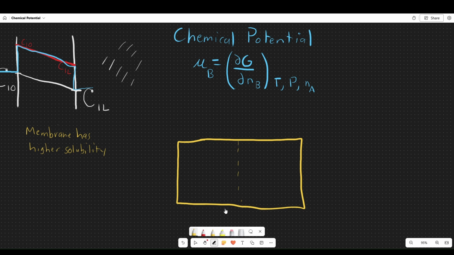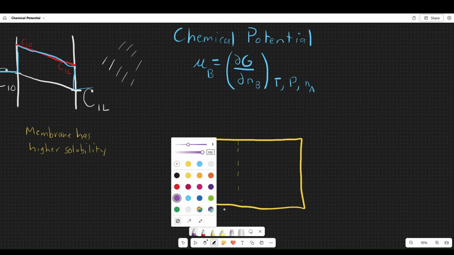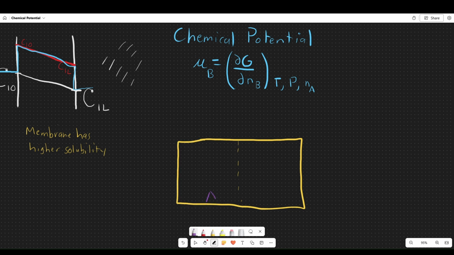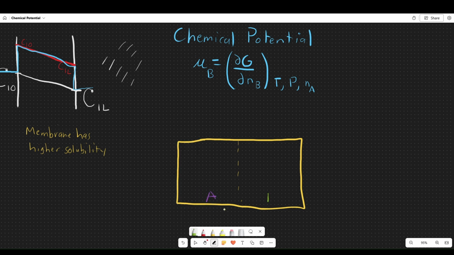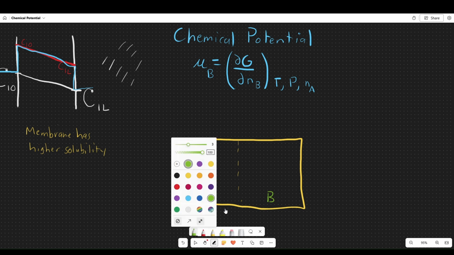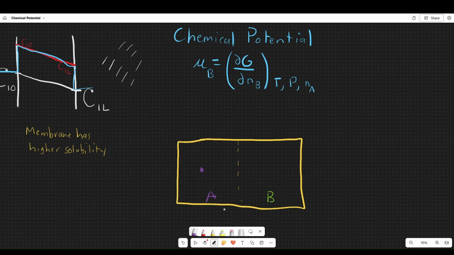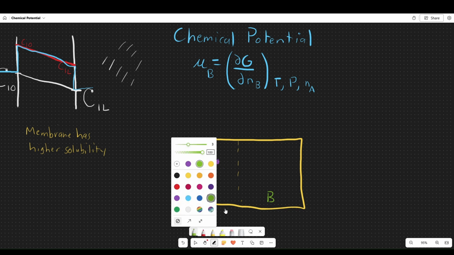I have particles A and particles B. Particle A is concentrated on the left, particle B is concentrated on the right. I have a lot of A particles here, and I have a lot of B particles here.